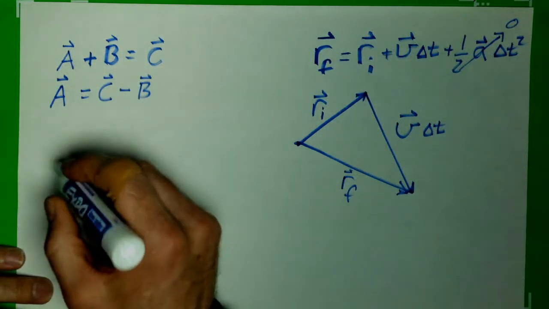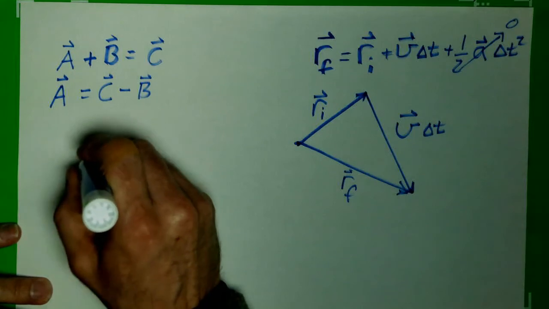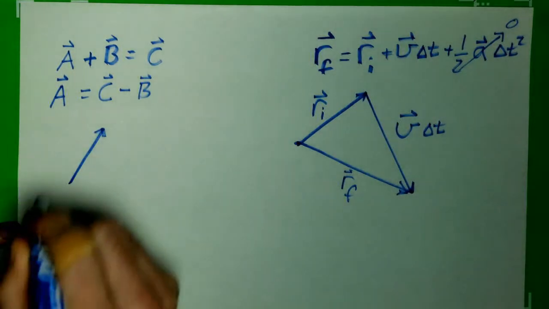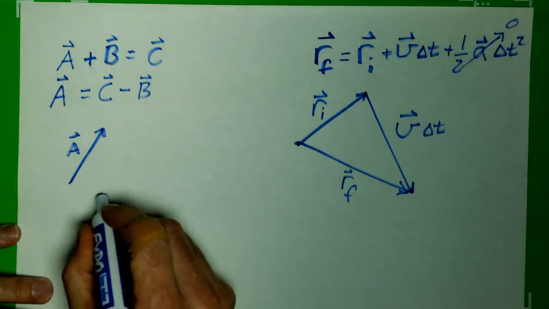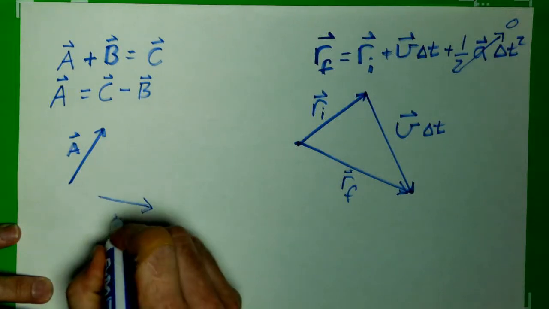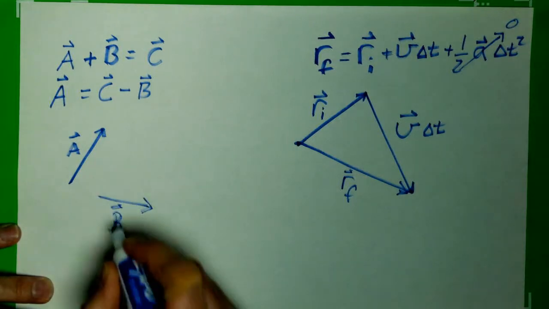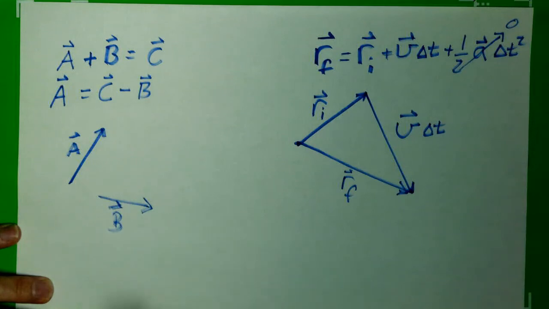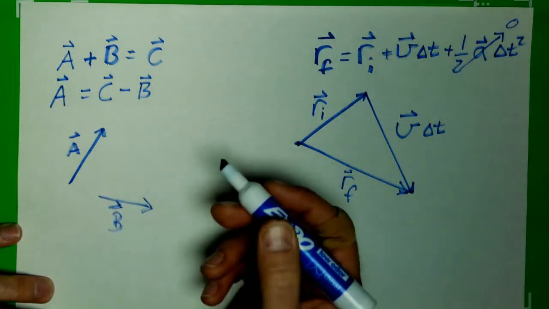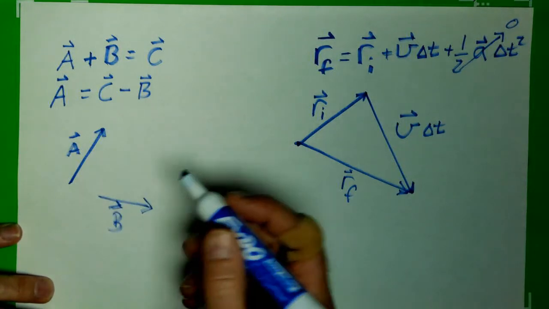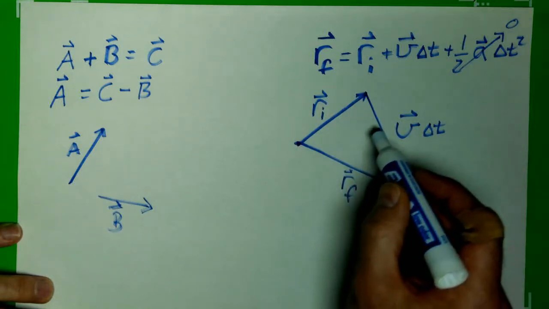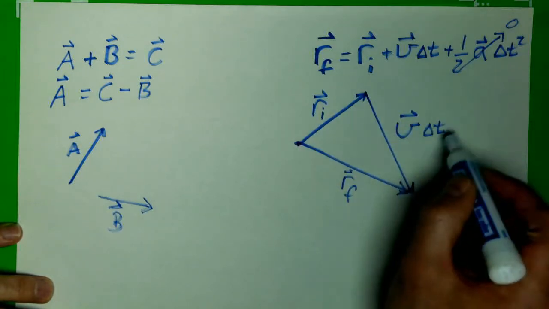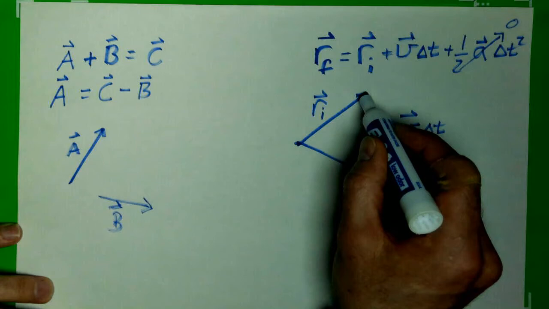Well, let's say this is A, some generic vector A, and vector B is something like this. Okay, so my marker's having some issues here. Well, how do I draw vector C? The process, as we saw here with this physical example, is that the addition part is from the original part.